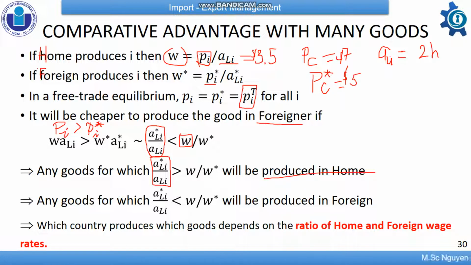And for any goods where this ratio, which we call the relative unit labor requirement for i in the foreign country to home country, is less than the relative wage in the home country to foreign country, will be produced in foreign. So go back to this example.